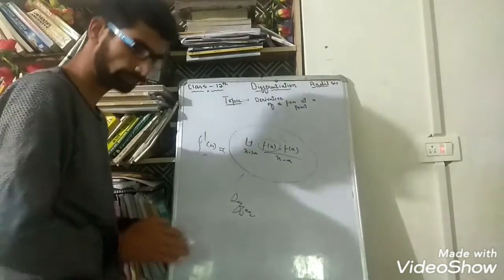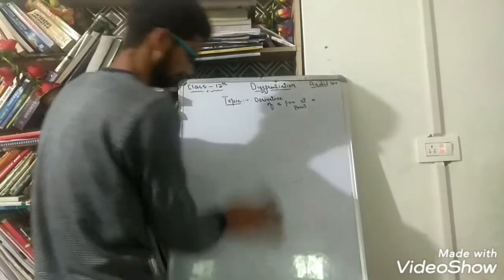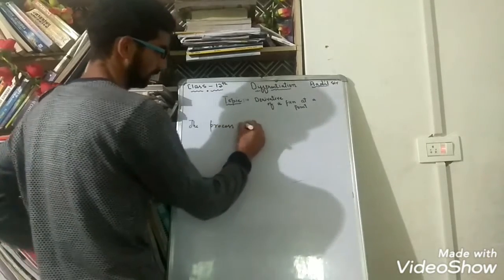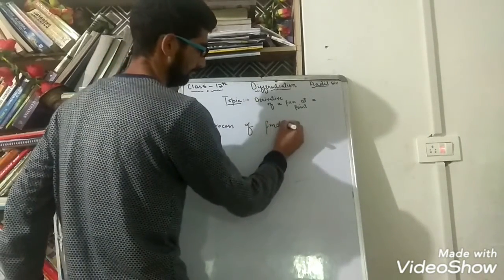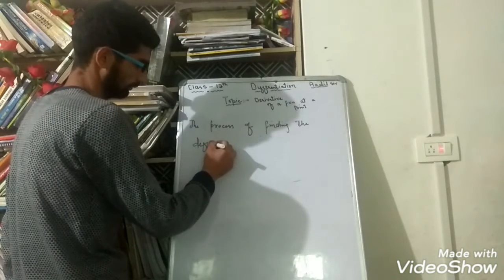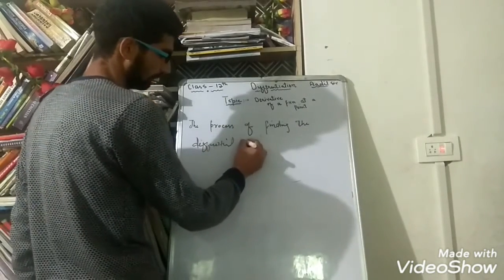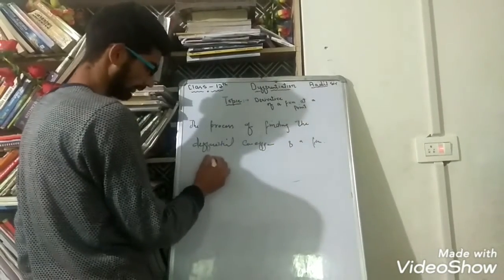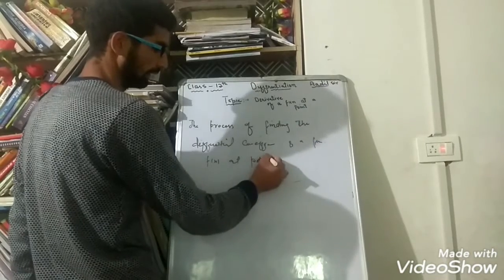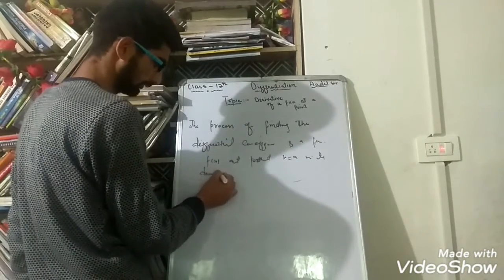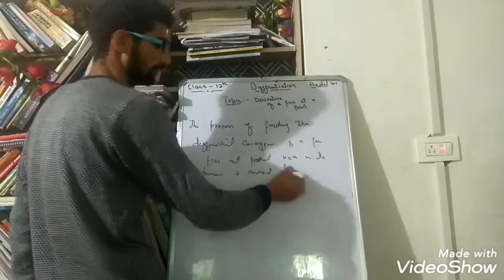So you can write the definition like this: the process of finding the derivative, the process of finding the differential coefficient of a function f of x at point x equal to a in its domain is called differentiation.